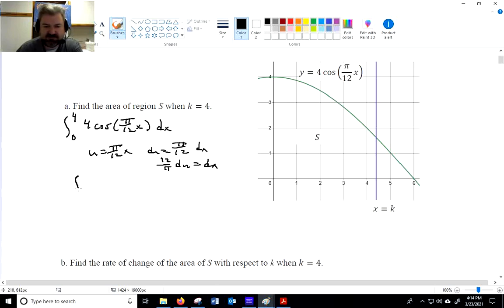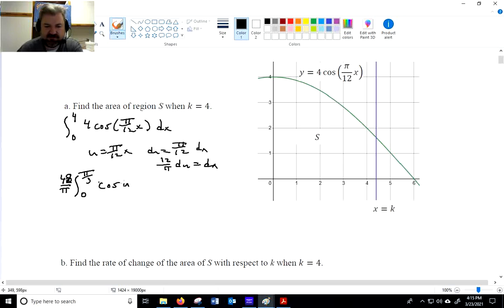So this becomes the integral of 12 over pi. I'll change my bounds, plugging in 4. Pi over 12 times 4 gives me pi over 3. And 0 times pi over 12 is 0. I think I'll bring the 4 out. So we'll make this a 48. How's that sound?